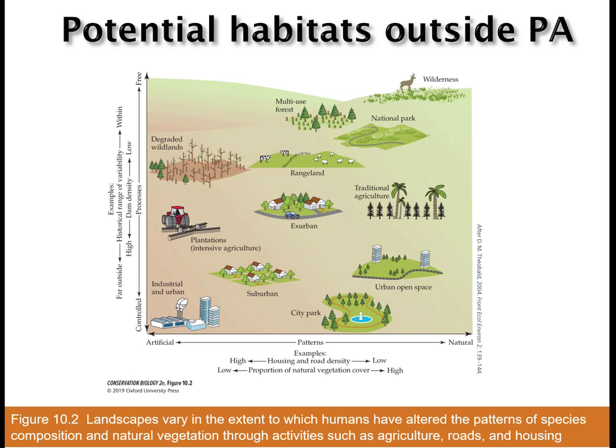So things like degraded wildlands or rangelands might actually be able to get some conservation practices put in them, whether those are for grasslands and getting various grazing management plans on a rangeland put together, reforestation of degraded lands, using multi-use forests can actually promote some types of wildlife, especially if we have sustainable logging practices.